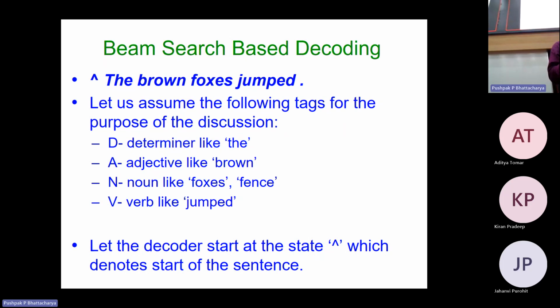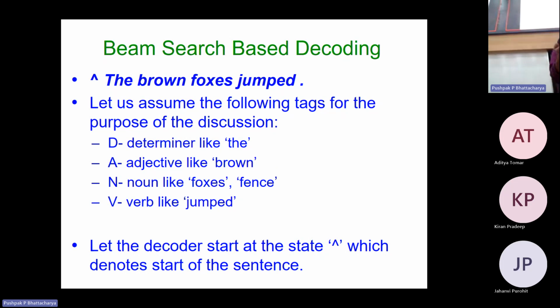The will be D. Brown will be A, adjective. Foxes will be noun, N. Jump will be V. So the tag sequence will be D, A, N, V. That should be the highest probability tag sequence.